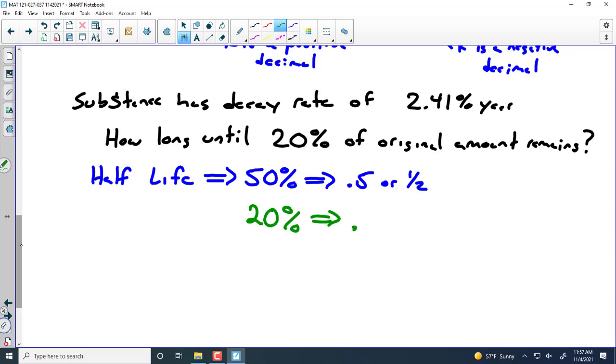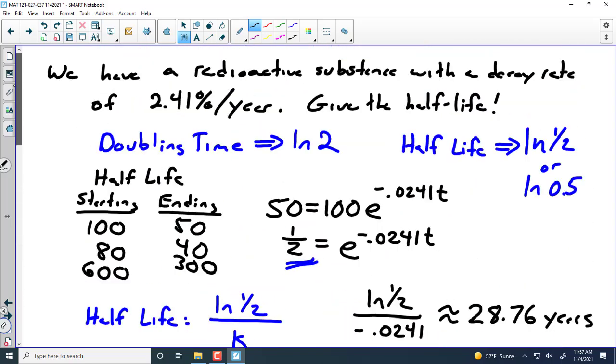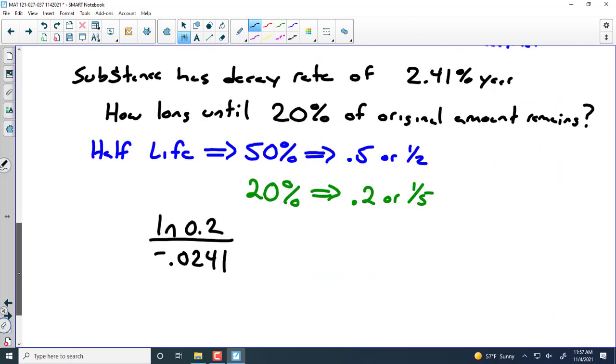Yeah, good. 0.2, I heard them both actually, or 1/5. So if someone says to you, how long until 20% of the original amount remains, you would go ln of 0.2 divided by negative 0.0241. Still using that same percent, it's still a decay. What was this? But this was years, wasn't it? Yes, it was years. Okay.